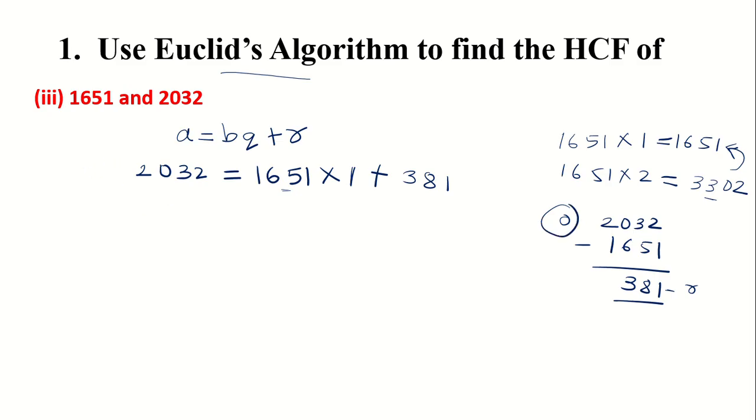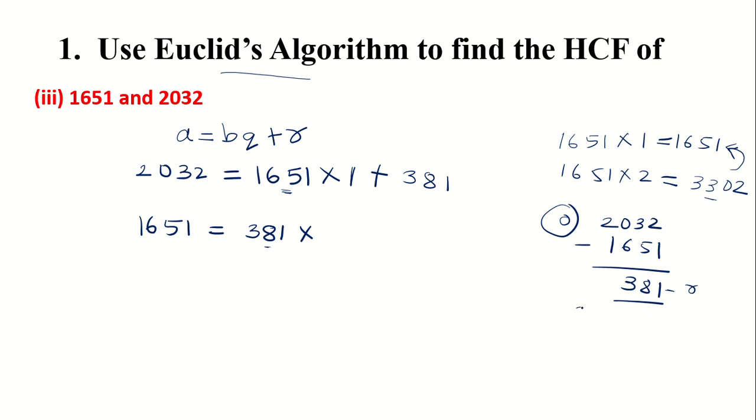Now in the next step we take the divisor from the first step. What was the divisor in the first step? 1651. Here the b value will be the remainder in the previous step, that is 381. Now what is the divisor in the second step? 381.